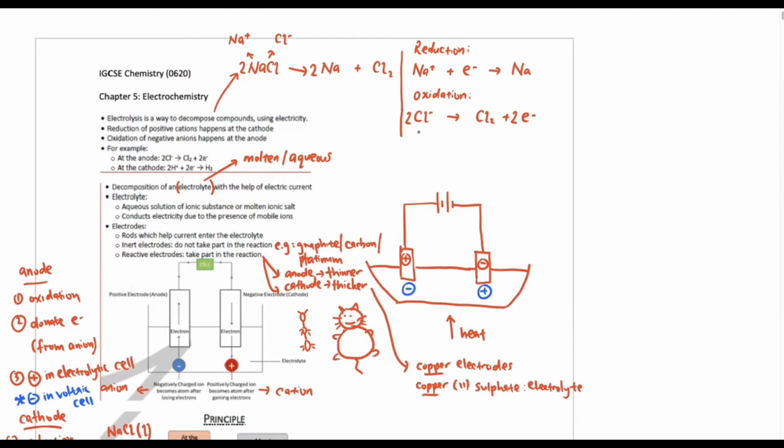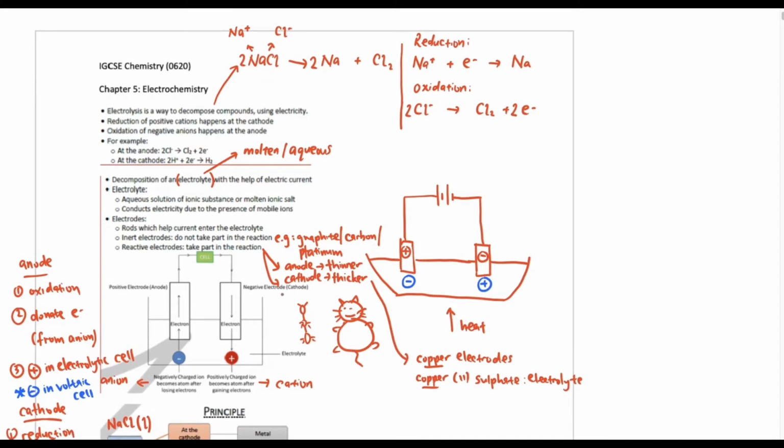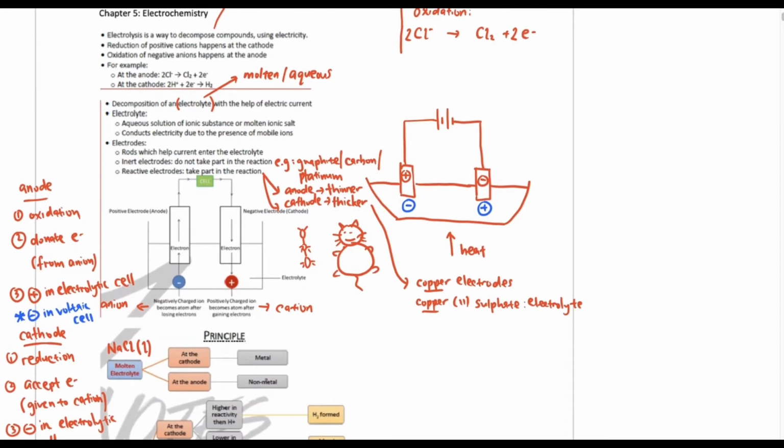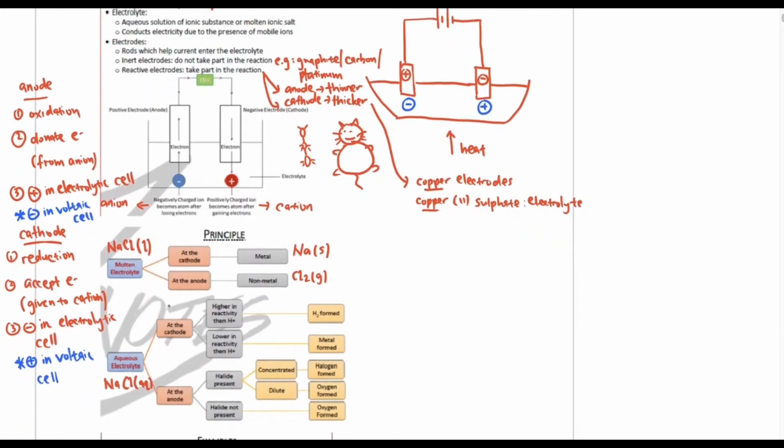Chloride donates electrons and becomes chlorine. Chlorine is non-metal. So that's why non-metal is written here. You have to give yourself an example so that you can accept this. If I'm using NaCl liquid, then my metal is Na, and my non-metal is chlorine. Chlorine is gas. So we settle for molten already.